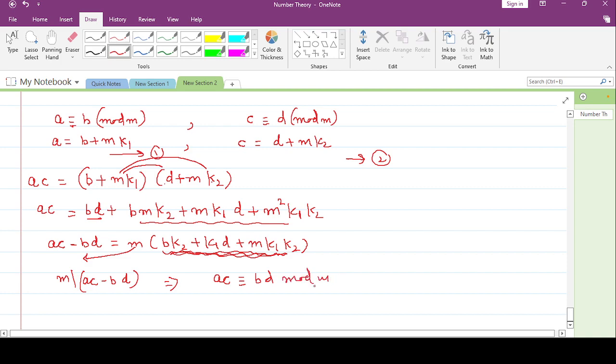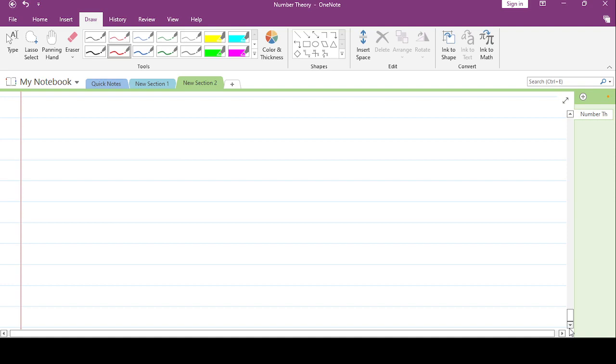Now we quickly solve one example based on this, where we want to apply the same results for solving the question. Like 7 is congruent to 2 modulo 5.